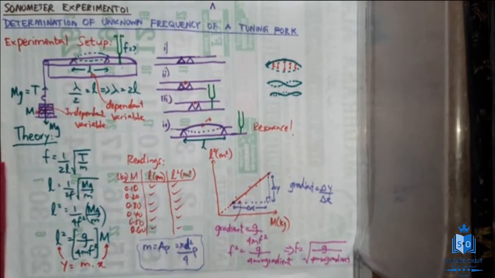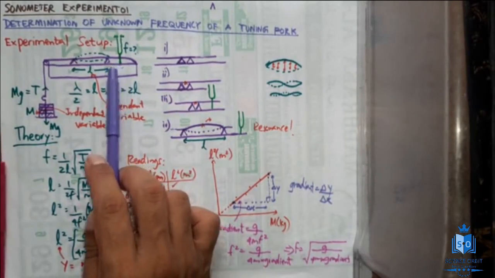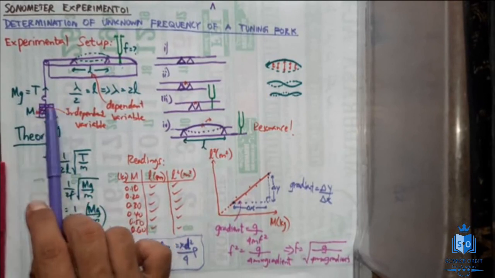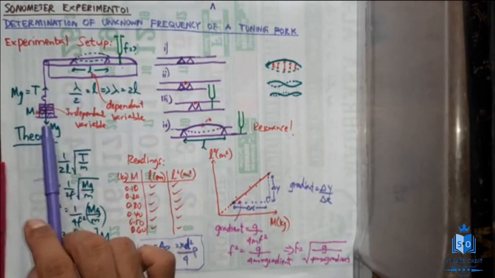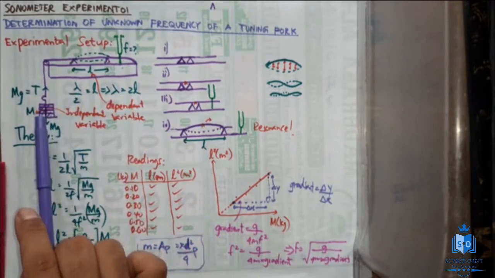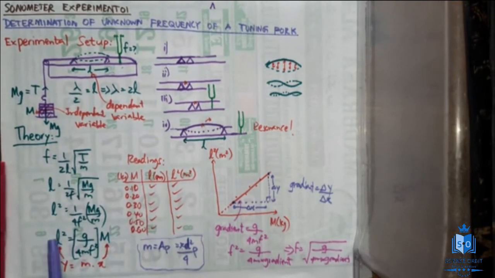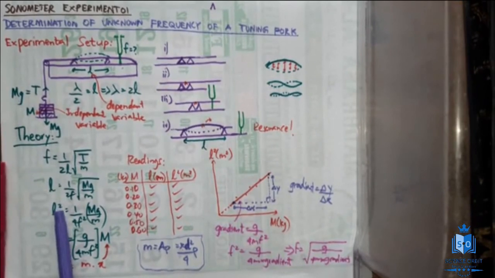And the other thing, they will ask you which mass will you choose first? Will it be the highest mass or the lowest mass? Now, when you use the lowest mass, let us say you add 100 gram first, then you measure a length. Look at this final equation. When you increase the mass, length is definitely going to increase.